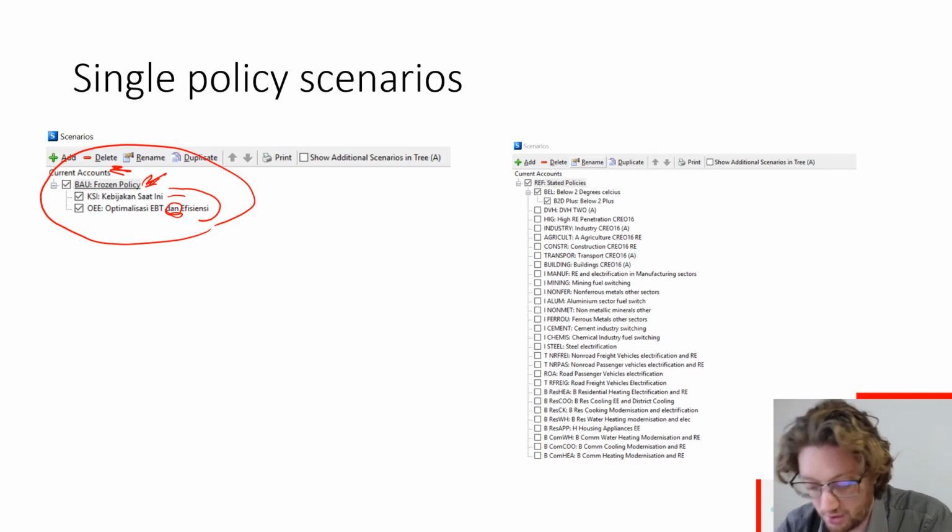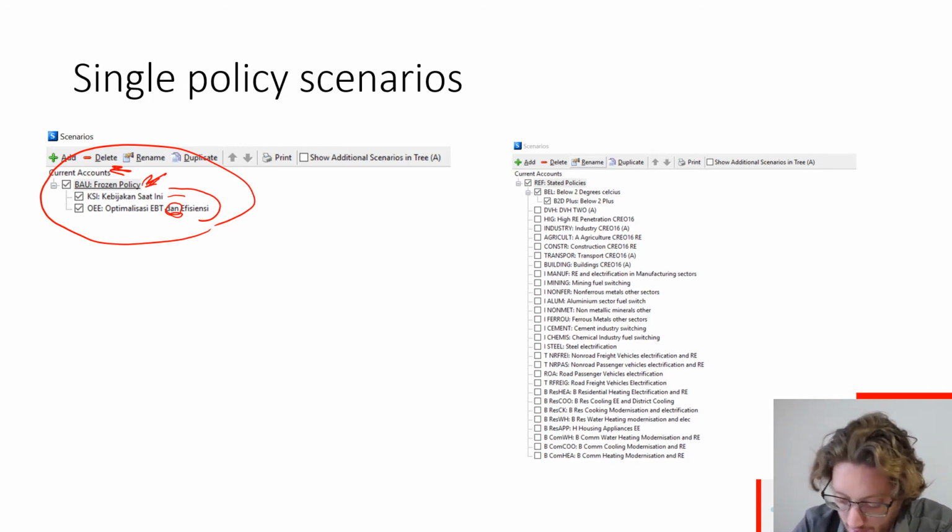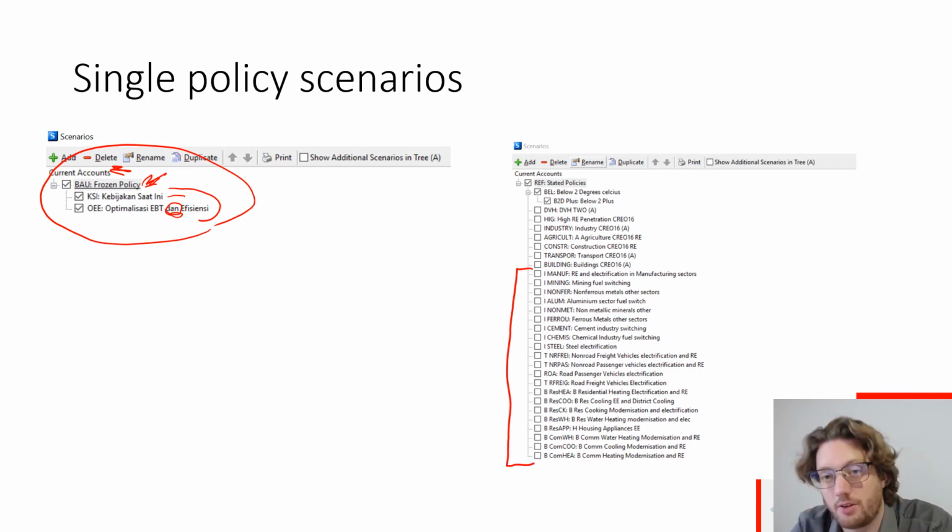Now, on the other hand, here we have a massive number of scenarios, and actually all of these are single policy scenarios. For instance, let's take the iManuf, I called one of them, or aggregate one of them, that is a high RE and electrification in the manufacturing sector.